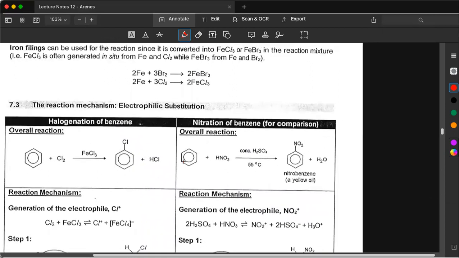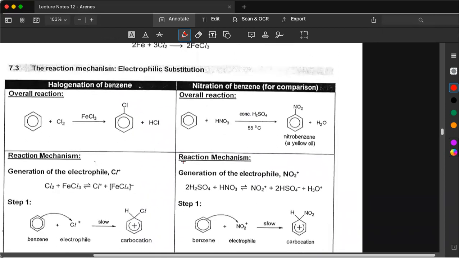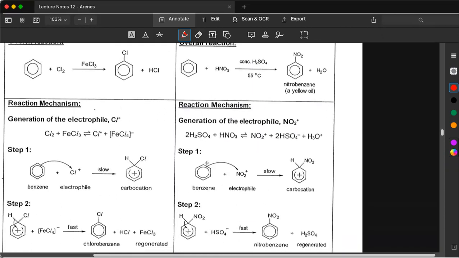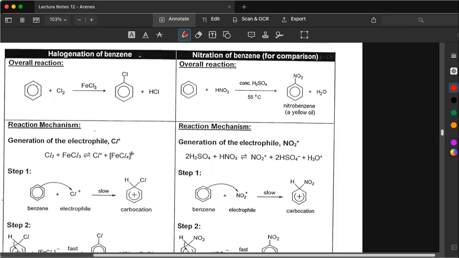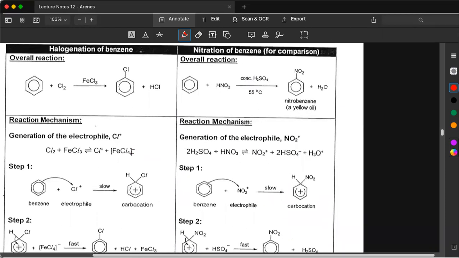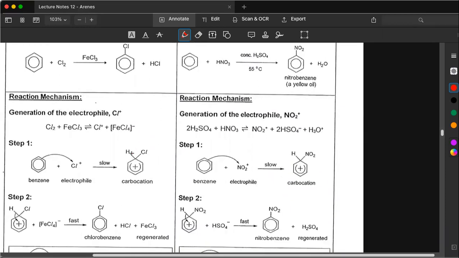Okay, looking at the reaction mechanism, we first put it side by side with the nitric acid reaction, and they are very similar. In the first step, we have the generation of the electrophile, just that for the case of halogenation, we generate the halogen electrophile.